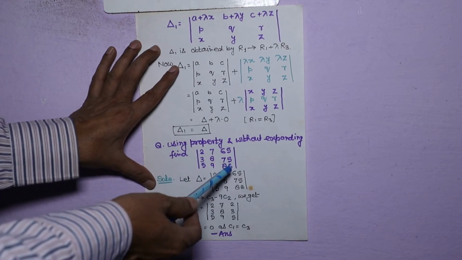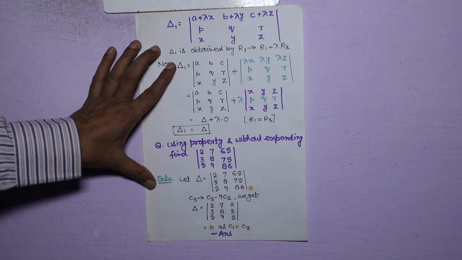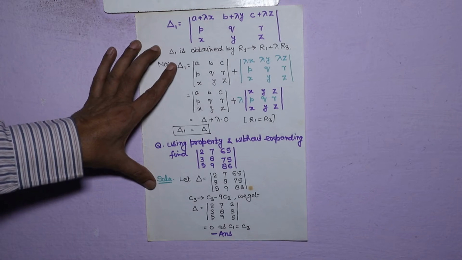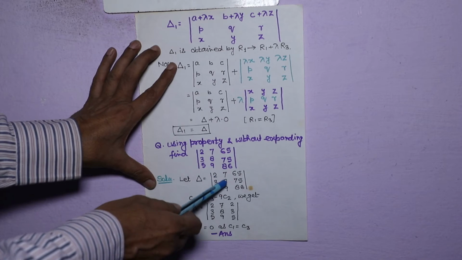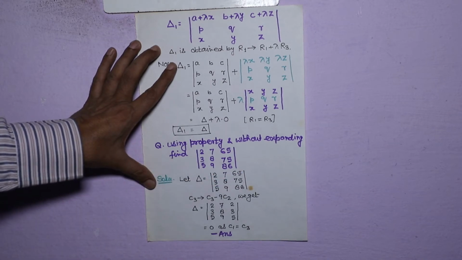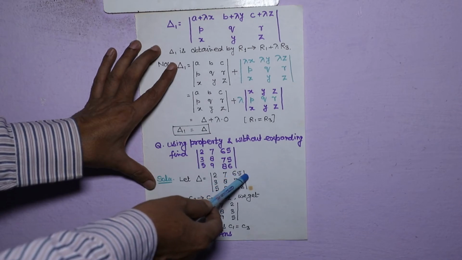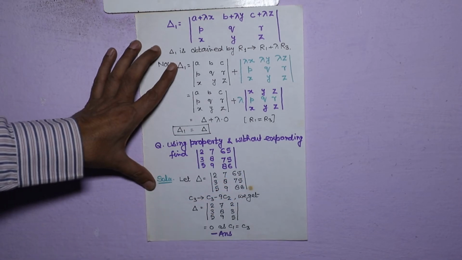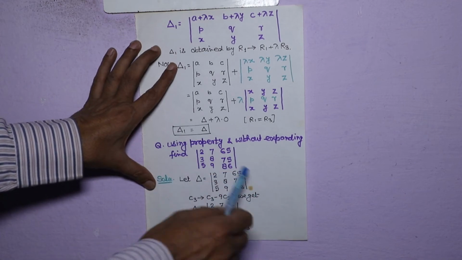Although you can expand directly, that will take time. But you see, there is some relation between the elements of second and third columns. 9 times that becomes very close to the third column elements: 7, 9, 63, 8, 9, 72, 9, 9, 81.